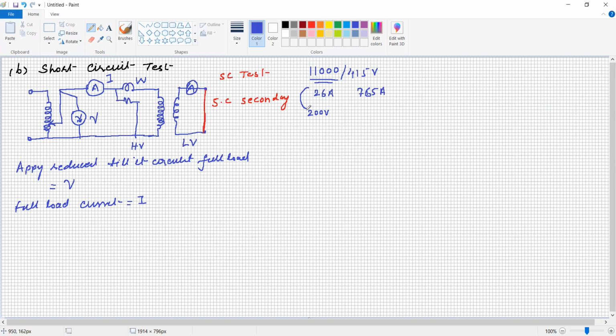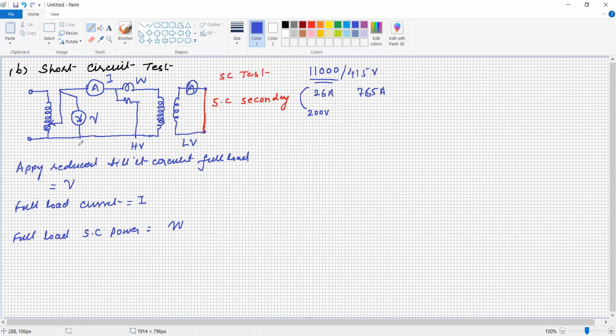Normal iron losses take place only when the rated voltage is applied to the transformer. But we are not applying the rated voltage. So the iron losses are negligible, and therefore it will show the full load short circuit power loss, or short circuit power, equal to W.